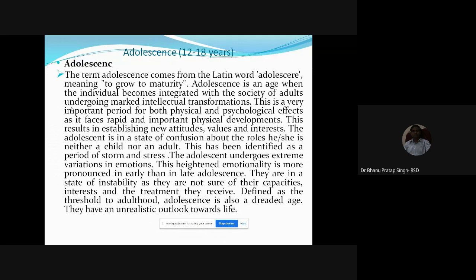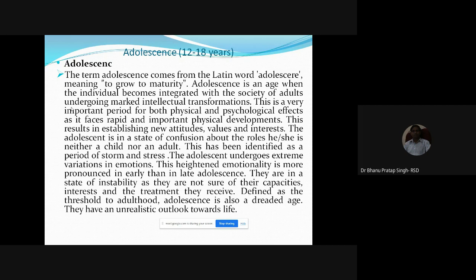Further, they are in a state of instability, as they are not sure of their capacities, their interests, their role, and the treatment they receive. They feel that they are young, they are adult, but the family, parents, even their elders always feel that he or she is a child.